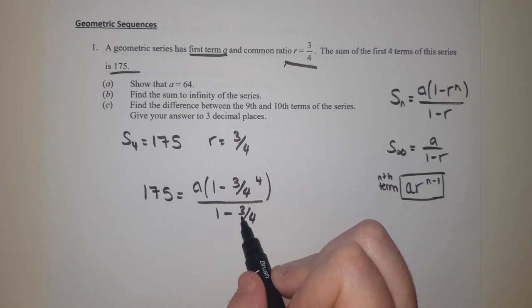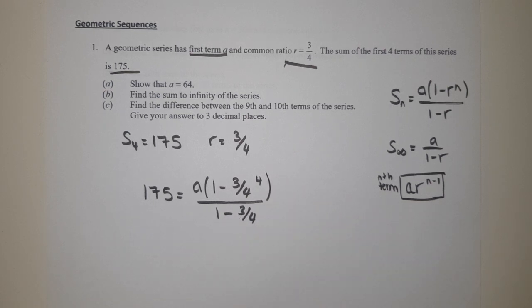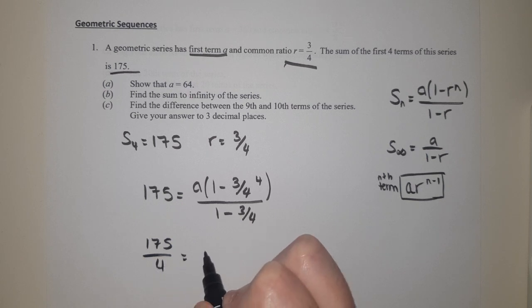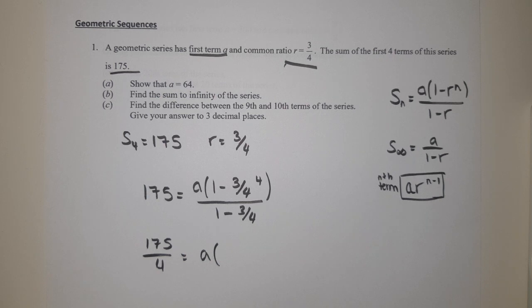So 1 minus 3/4 is going to give us a quarter. So if I times up by a quarter, I get that this is 175 over 4 is equal to a lots of, and if you do 1 minus 3/4 to the power of 4, you get this nice, delightful, horrible looking fraction.